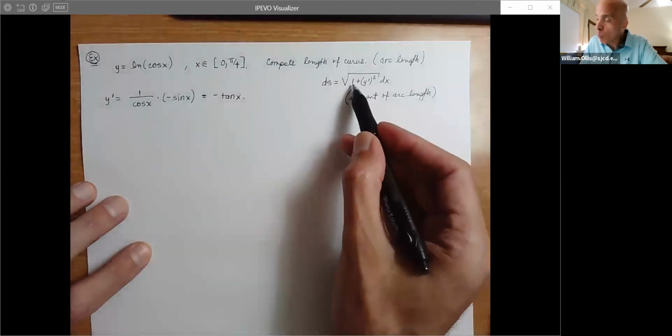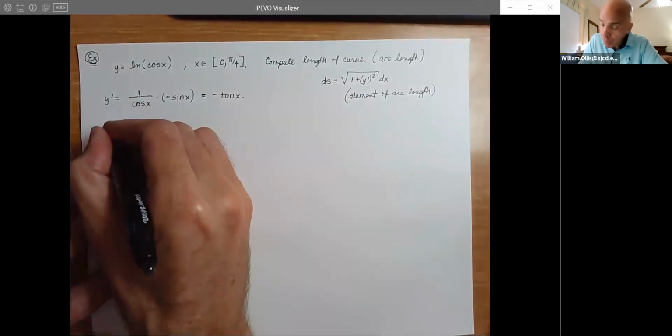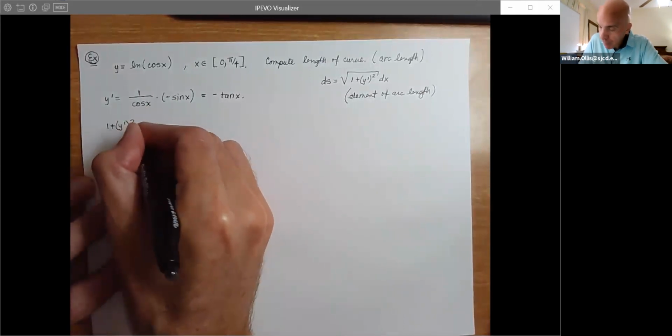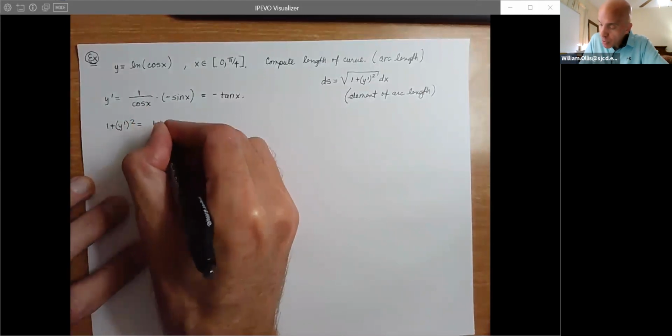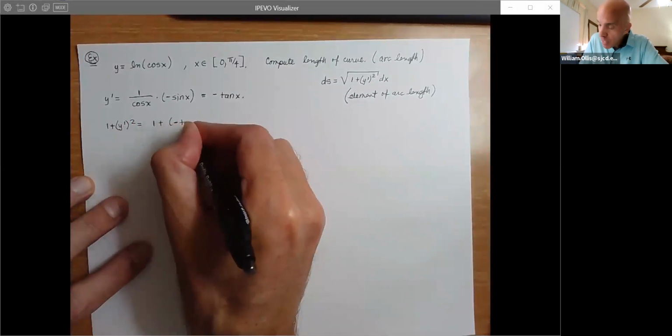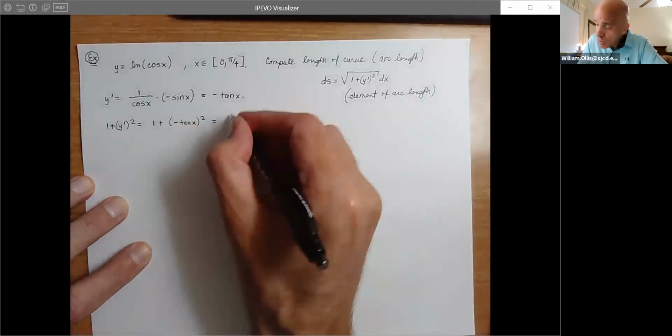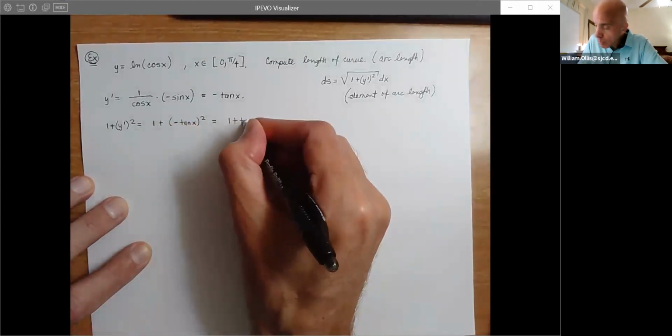So now we want 1 plus y prime squared. So this will be 1 plus negative tangent quantity squared. So this will give us 1 plus tangent squared.